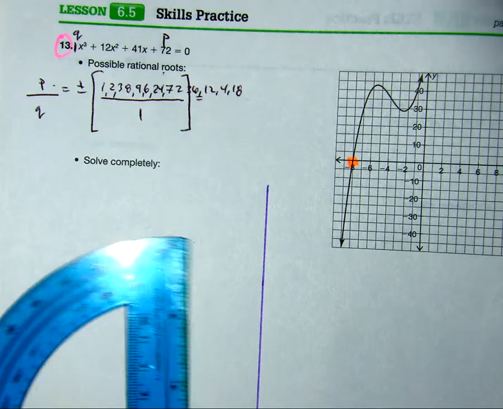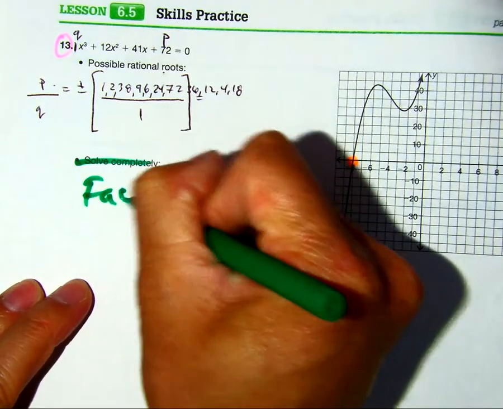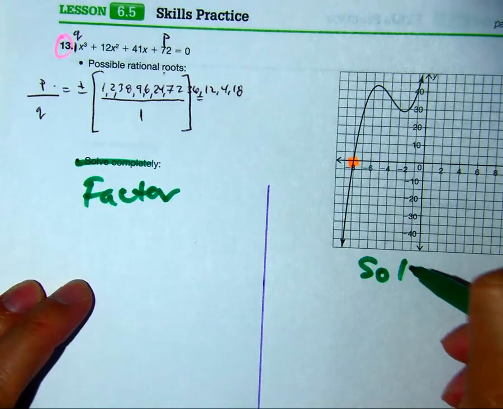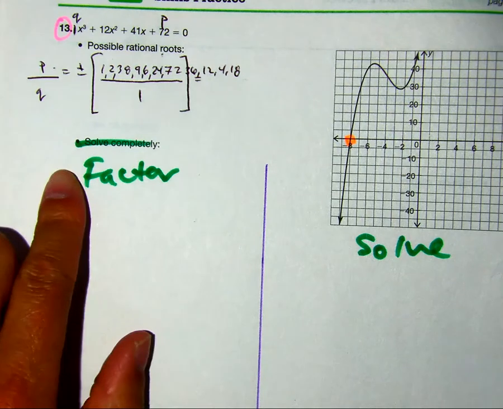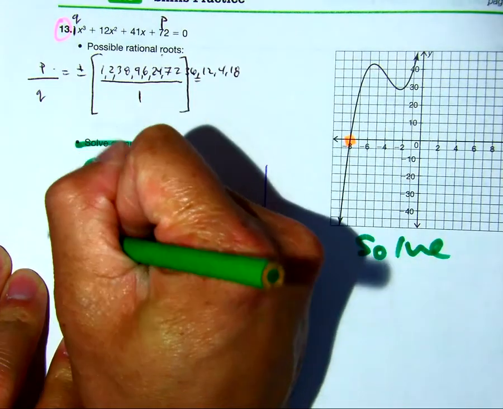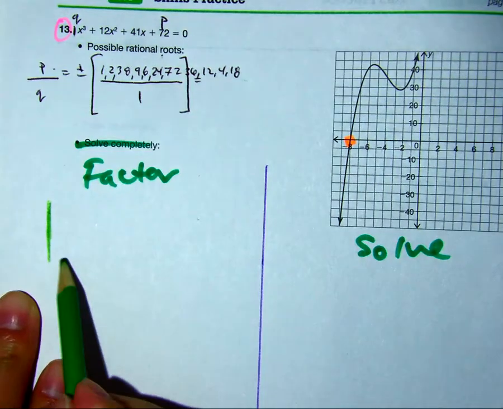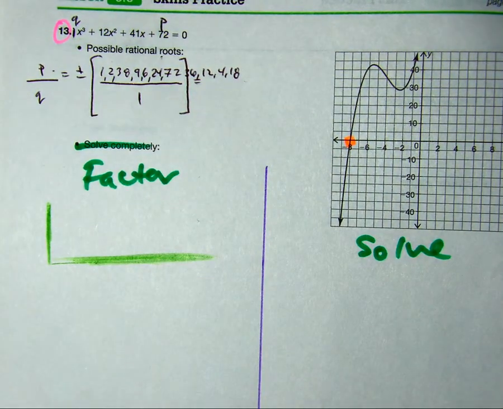On one side of the paper, we were factoring, and the other side we solve. So, Verania, in order to factor, I'm going to use synthetic division here, but the picture tells me one value that actually works. Verania, what number works?